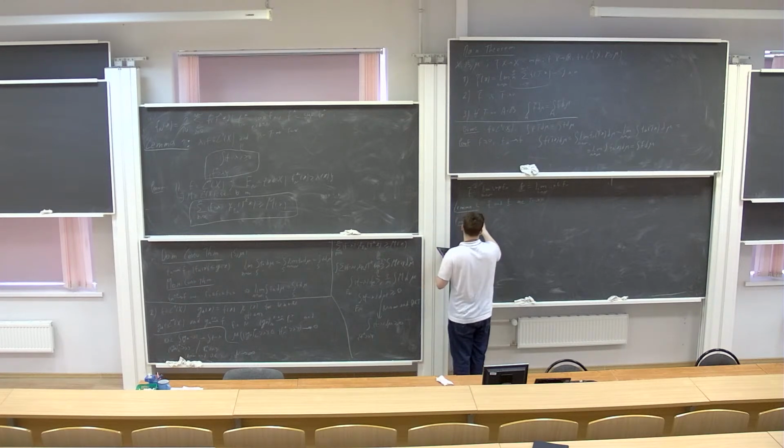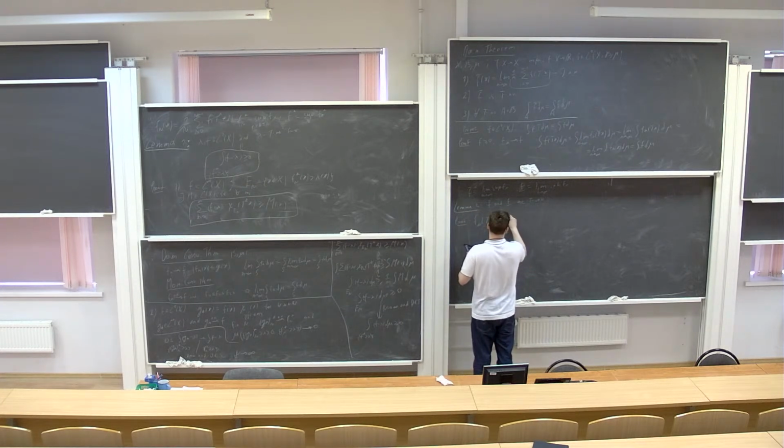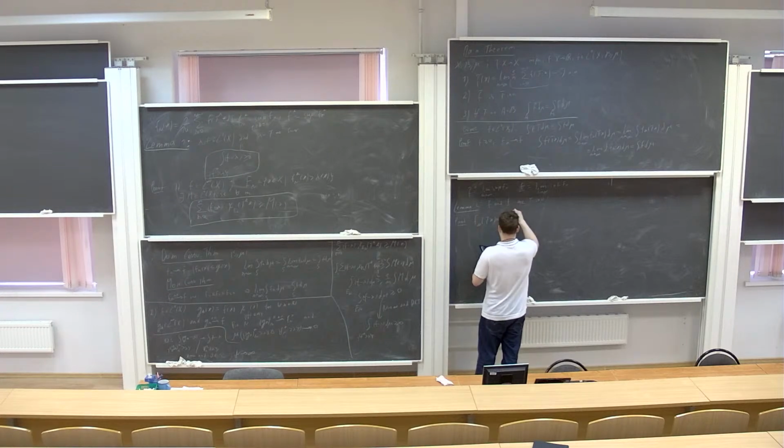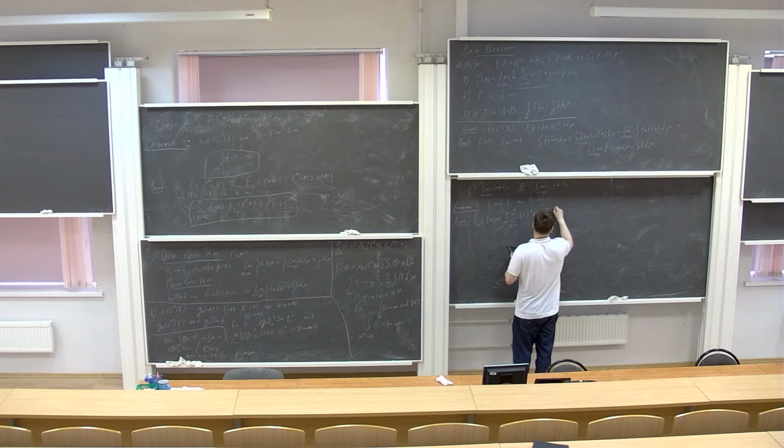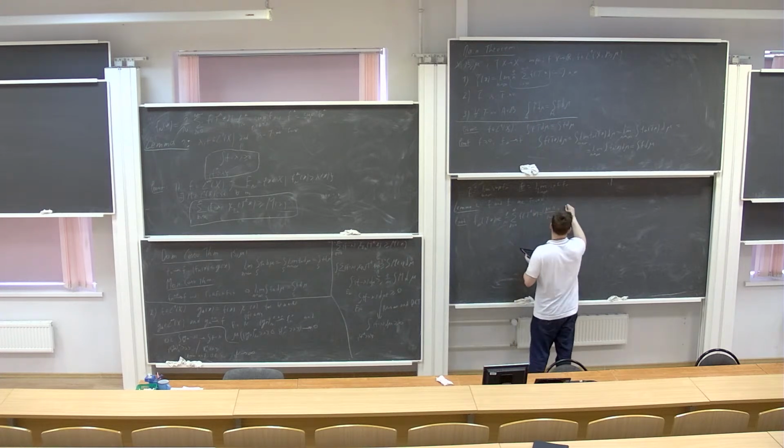We're just going to write it like this: Fn of T of x is 1 over n, the sum from k equals 1 to n of f of T^k x. A bit of a trick: we're going to write it like this.